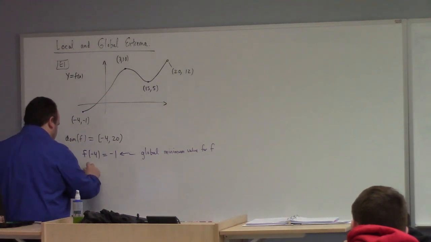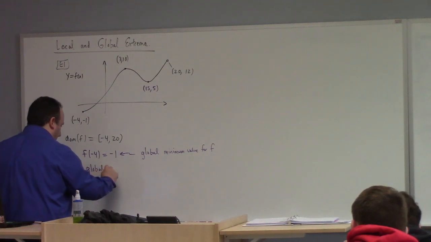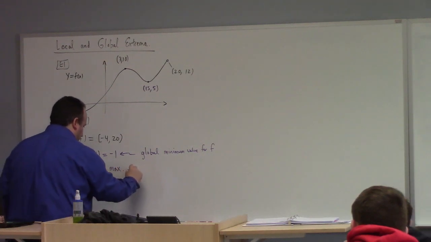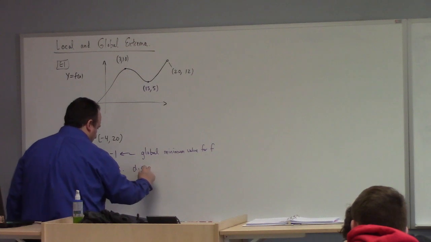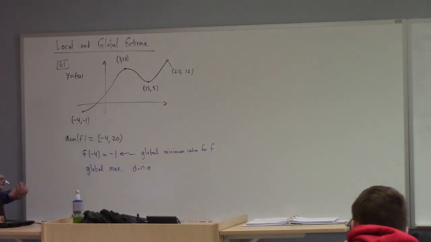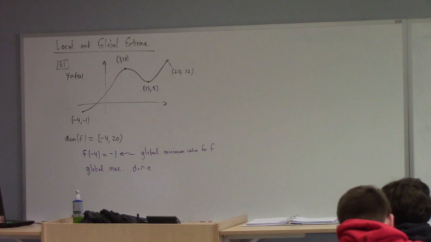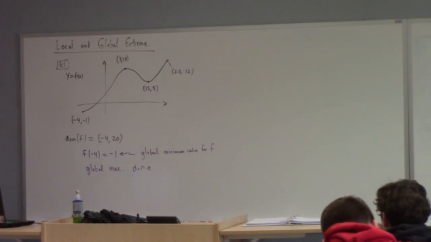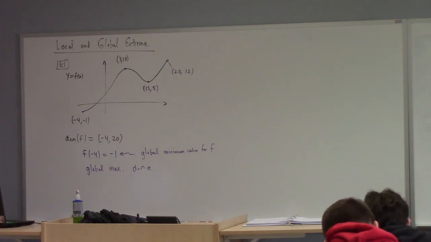The global maximum does not exist, right? I'd like to say that this function has a global maximum of 12, right? But I can't say that because it doesn't actually attain the value, right?